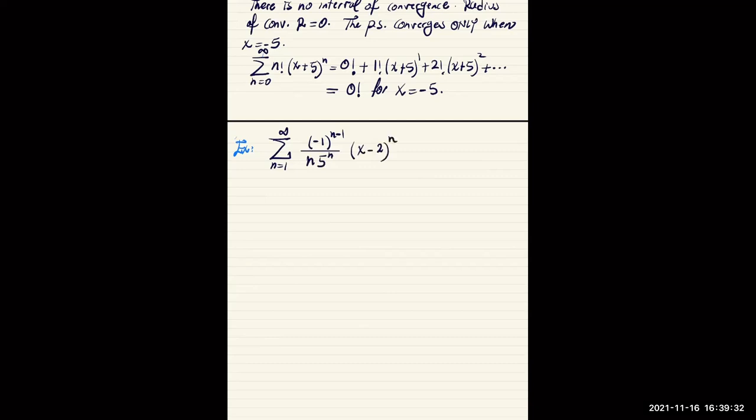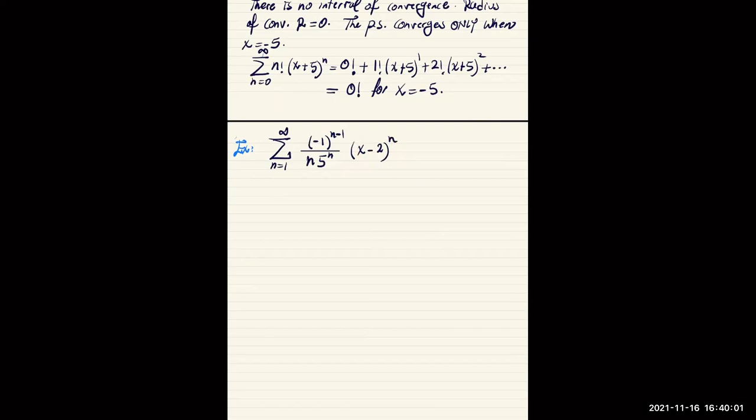The nth term of this power series is this. Again, we want to find the radius and interval of convergence. We want to find x so that it converges. These are the coefficients, and the center here is 2.